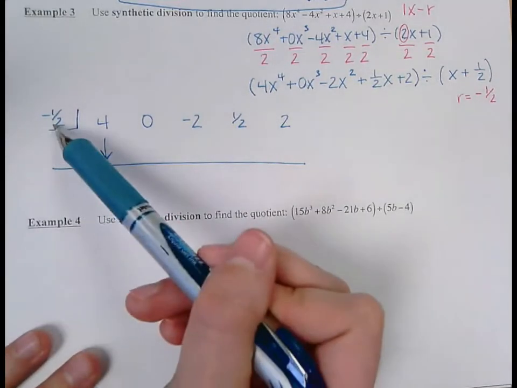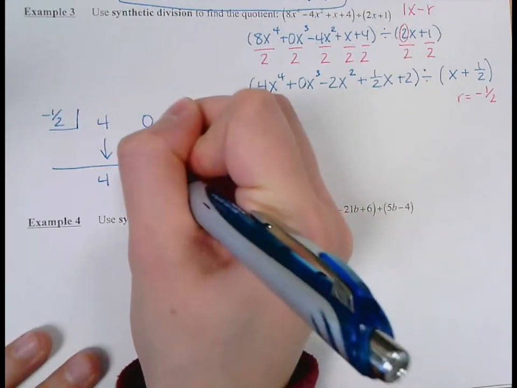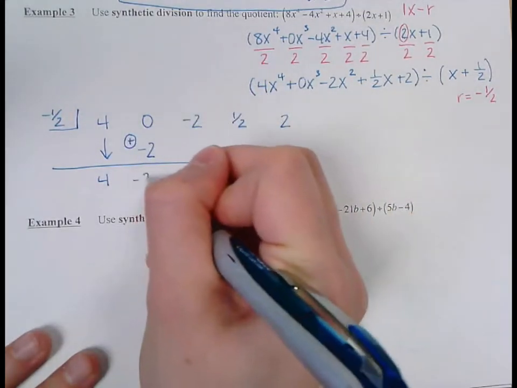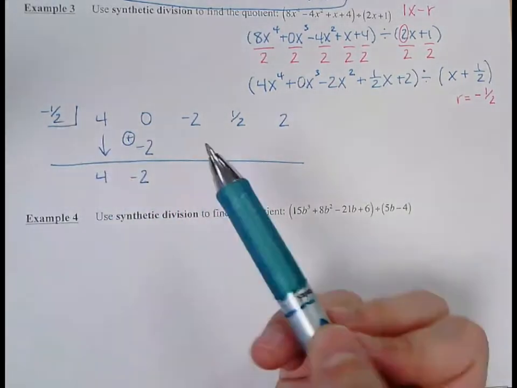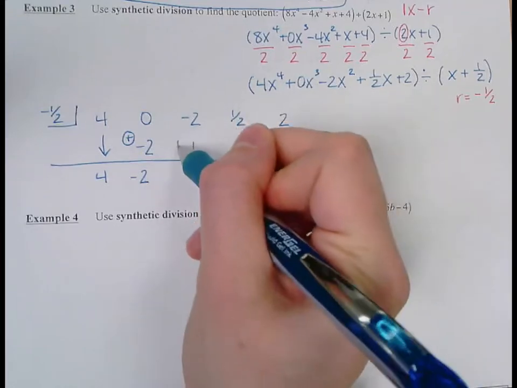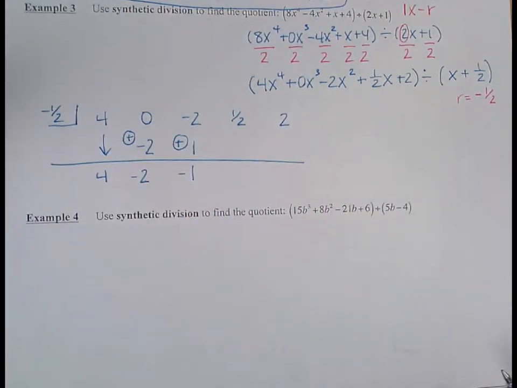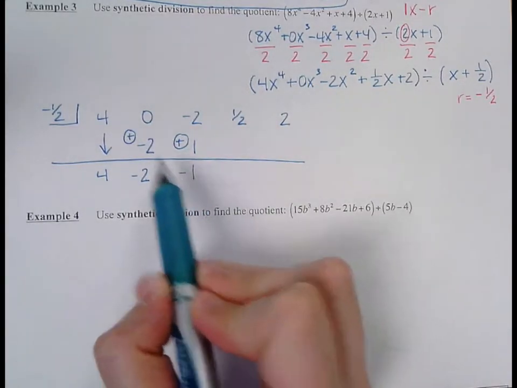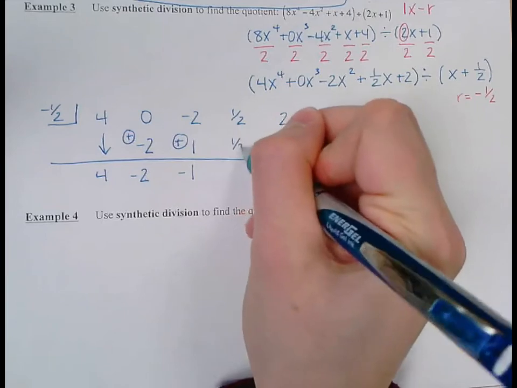So we're really just dividing by -2 here. So 4 times -1/2 is going to be -2. That gets added to 0, so that's -2. -2 times -1/2 is +1. That gets added to -2, so that's -1. -1 times -1/2 is +1/2.